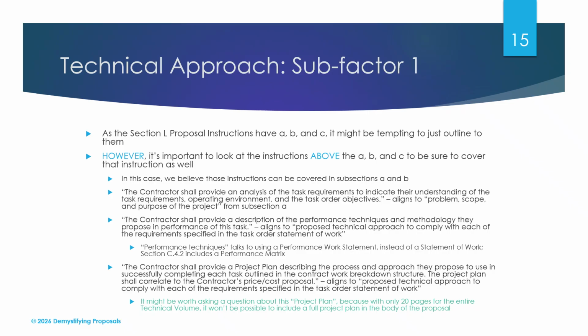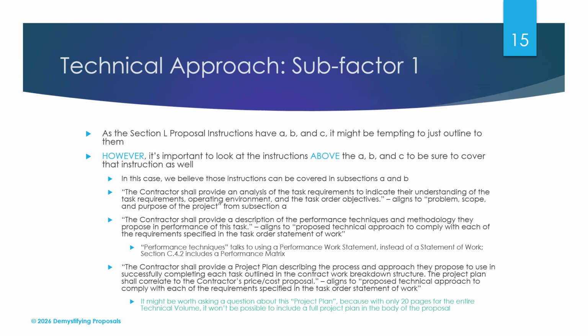So the language, the contractor shall provide an analysis of the task requirements to indicate their understanding of the task requirements, operating environment, and task order objectives. That sort of aligns to section A, which is talking about the problem, scope, and purpose of the project.